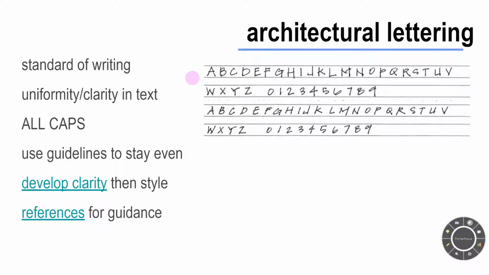Because if I can't read it, trying to then give it a little bit of pizzazz is not going to help. Now, when trying to develop a style or even just to improve your architectural lettering, you can find so many wonderful examples on the internet to try to emulate.